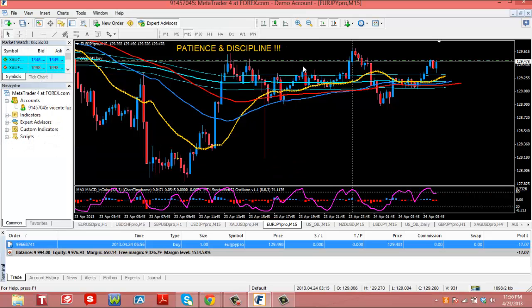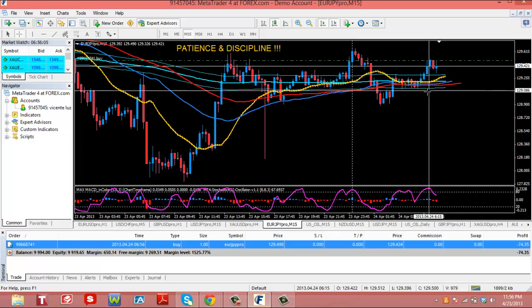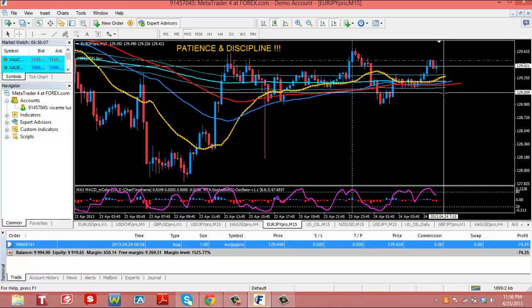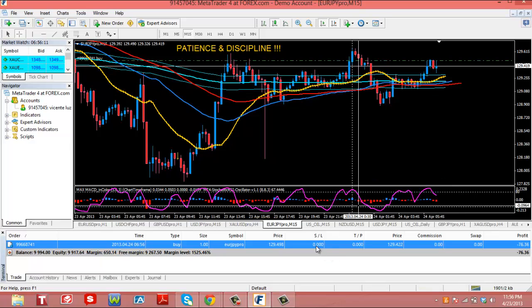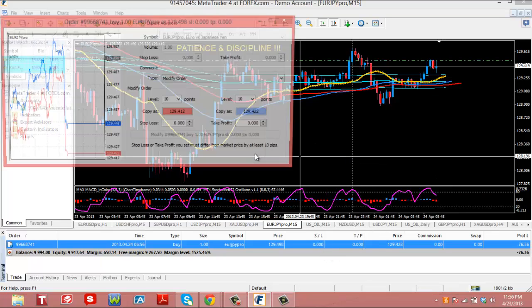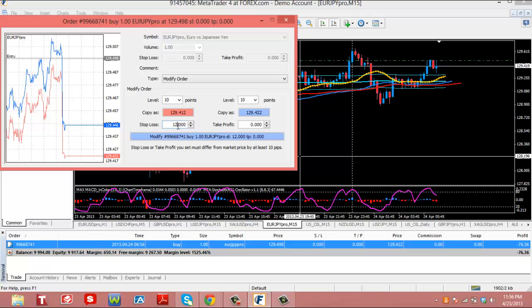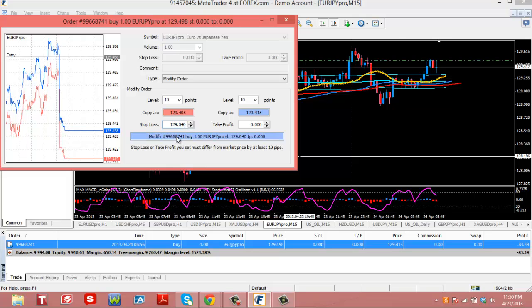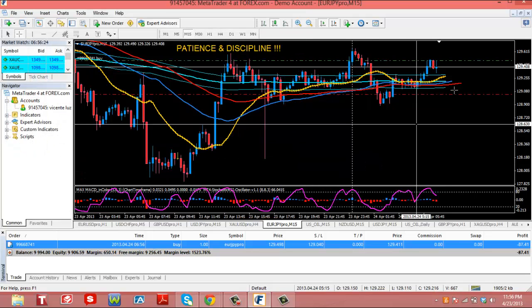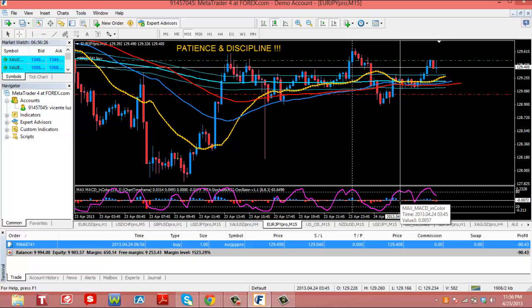And then my stop loss has to go below this area, so I'd place it around 129.04. So I right click here, modify the order, 129.04, and I click modify, and right there, that's our entry.